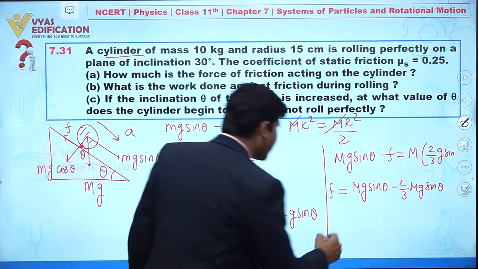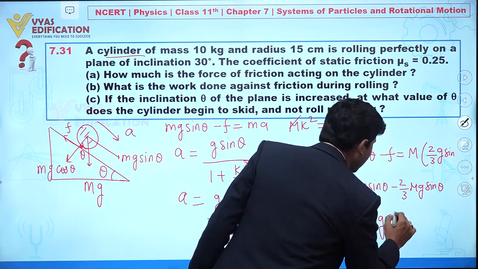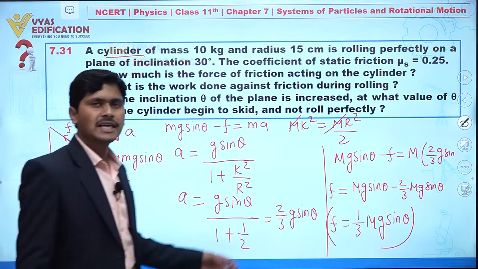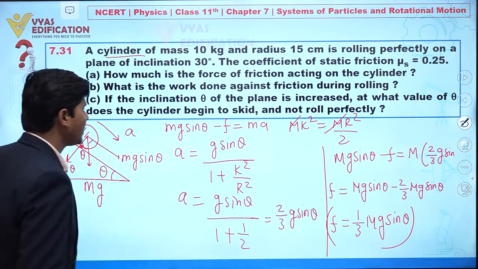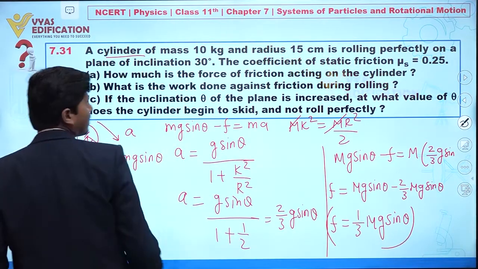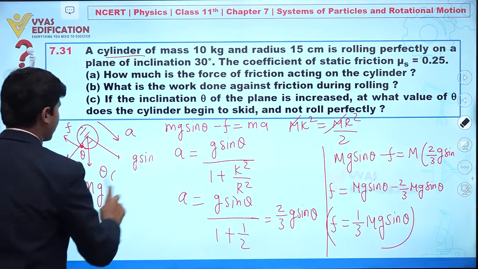So we can say friction force is given by 1 by 3 mg sin theta. F equals 1 by 3 mg sin theta. Now we can put in all the values and get our answer.